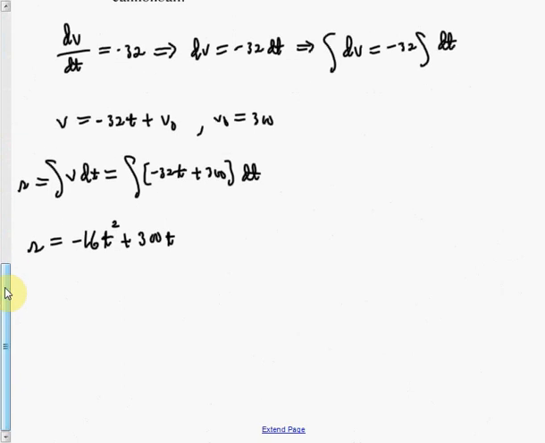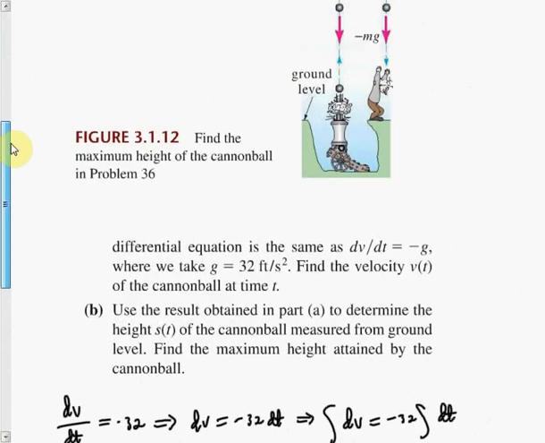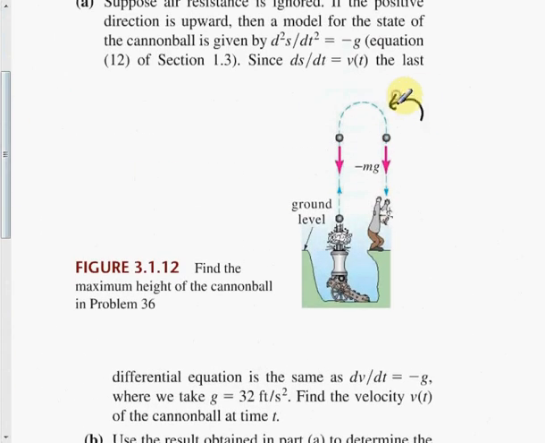Now, this motion equation, s equal to negative 16t squared plus 300t, is an upside down parabola, right? As a matter of fact, this is the shape of it. So if I set s equal to 0, that gives me when this ball is thrown up and then comes back down for the distance or the measurement to be back at 0, at rest again.